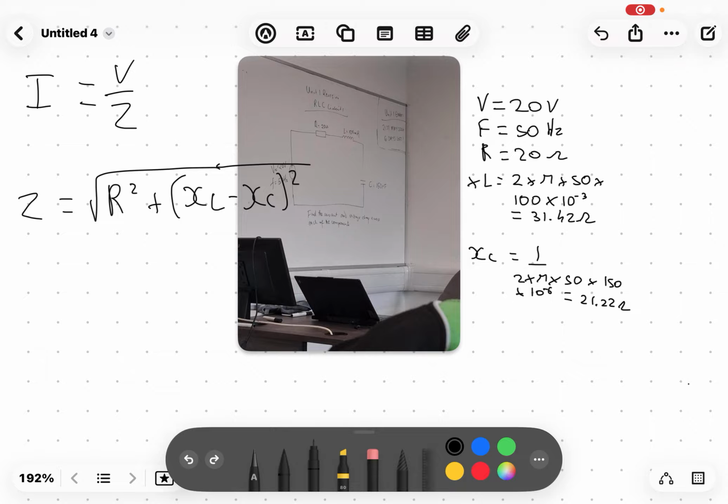Also, if you didn't have the capacitors, for example, it would only be... Wait, let me actually check the formula sheet because I don't even know. Yeah, basically it would be without one of them. So this is 20 squared, this is this, this is this.